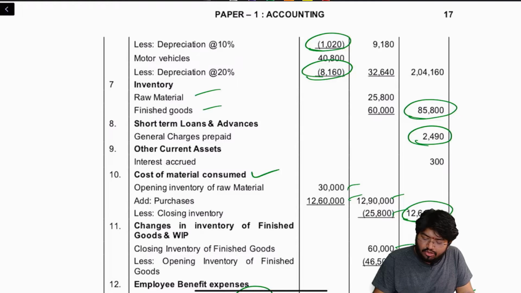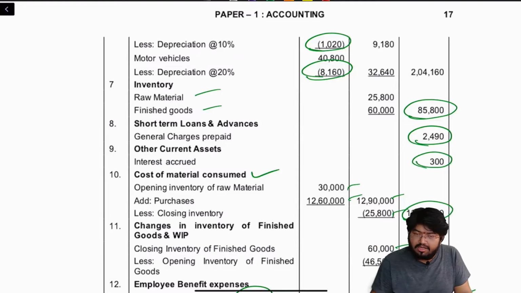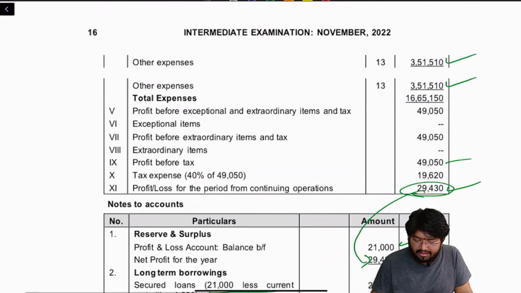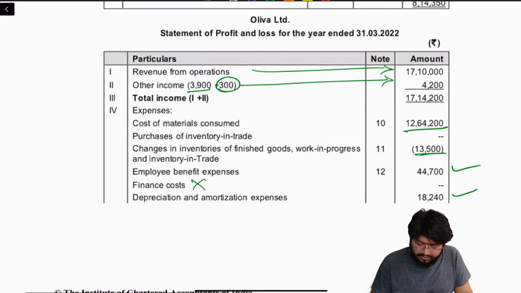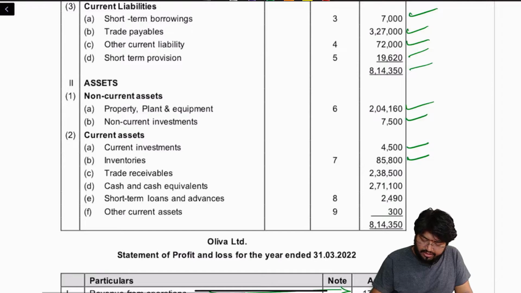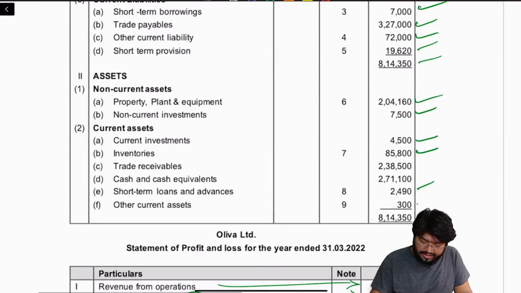And interest accrued, which is the income you are supposed to receive in future, interest receivable to the extent of 300, is given here. Okay, all of that put together would be shown here. So 2,490 and 300. Cash and cash equivalents, it's given in the question. Trade receivables is also given in the question. With that, your balance sheet actually gets over.